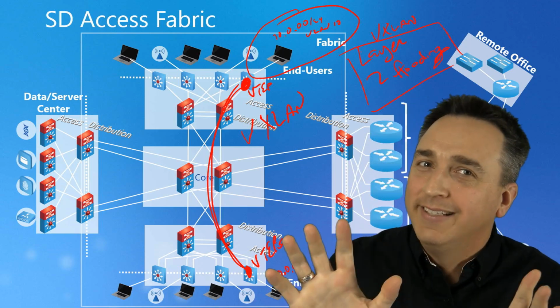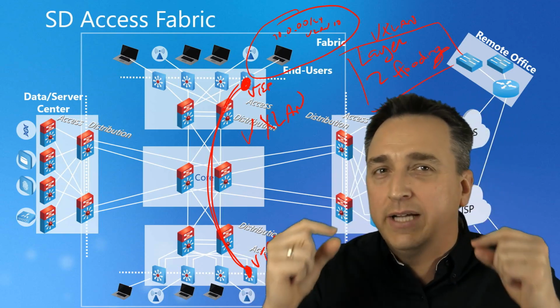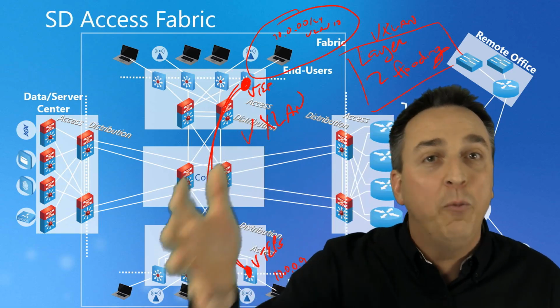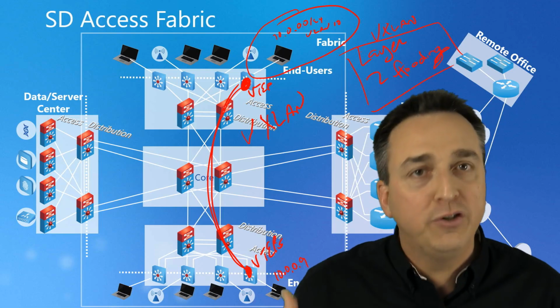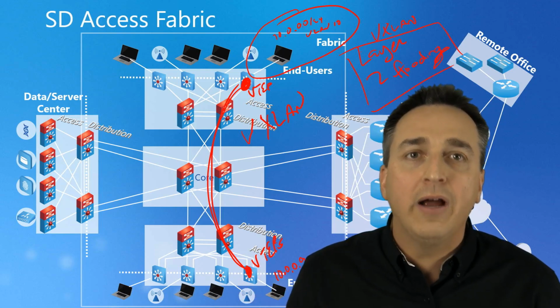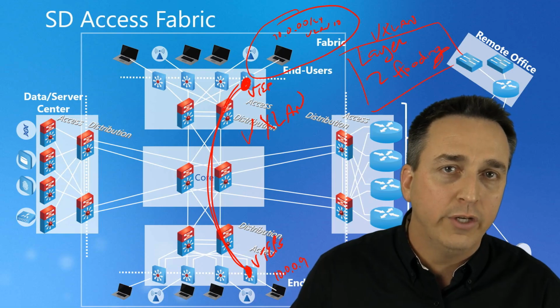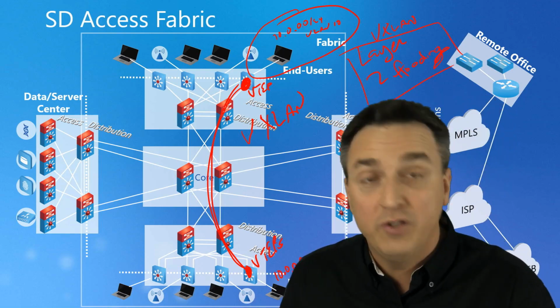No. Why? When we think about really how these technologies work, with DHCP, we have our helper address. So if you reach your default gateway, then your helper address is going to ultimately send you to the DHCP server.